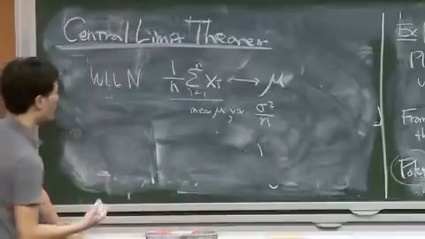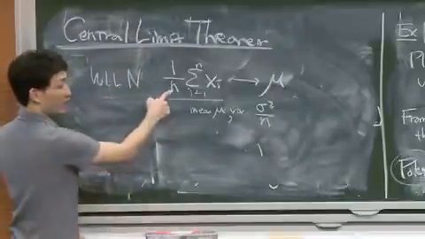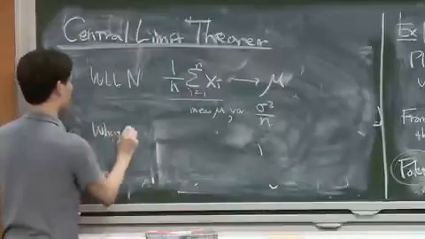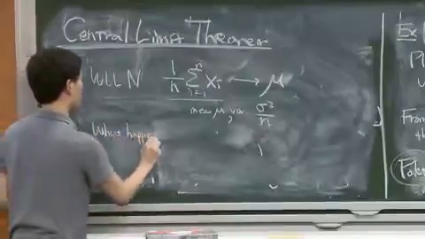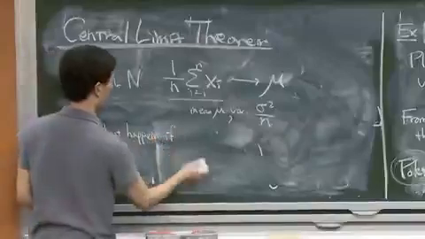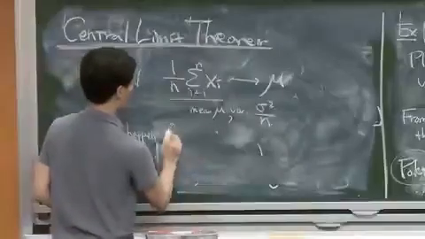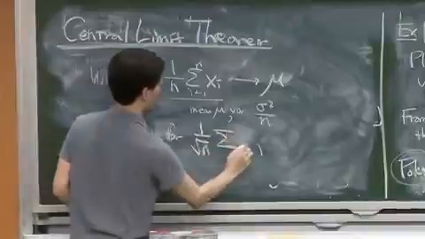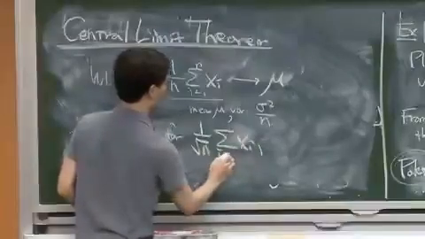So the question is, what happens if you replace 1 over n by 1 over square root n? What happens for the random variable, 1 over square root n times the sum of xi?